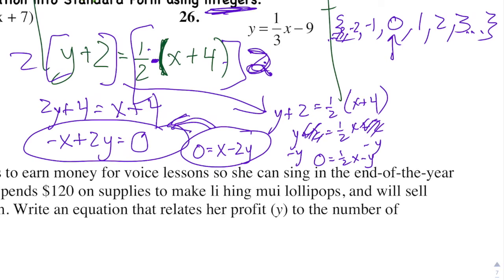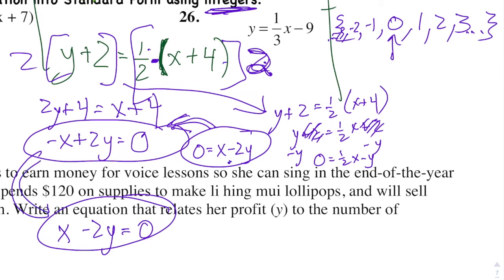How do we know they're equivalent? Okay, if I wrote this underneath here, I would have x minus 2y equals 0. These two equations are equivalent because, okay, there's a couple ways we know this. Let's say we isolated y here. Okay, we'd have negative 2y equals negative x, and we would get y equals 1 half x.